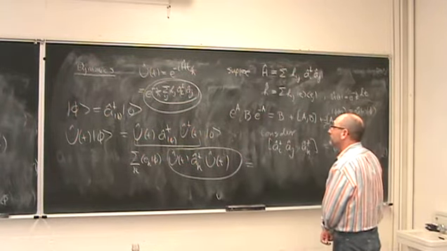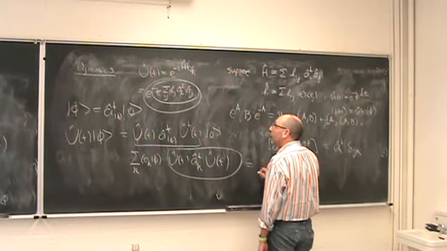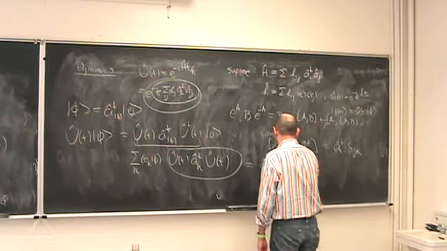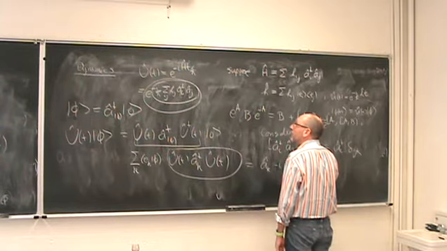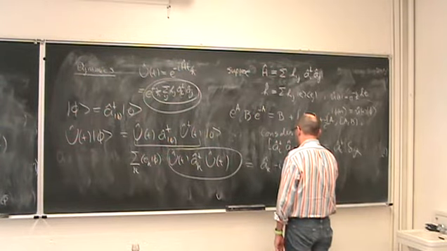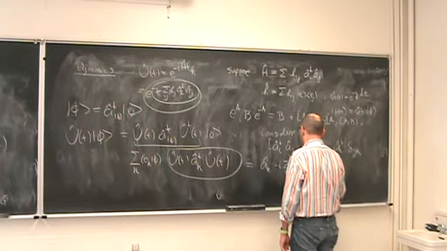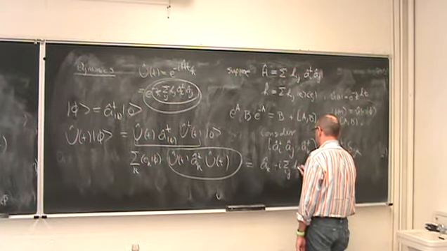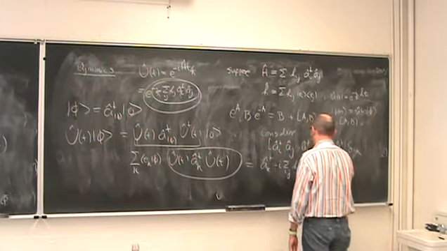So this will be equal to a_k plus, or I should say minus i, sum over i, j of h_ij, sum over i and j of h_ij, h_ik.